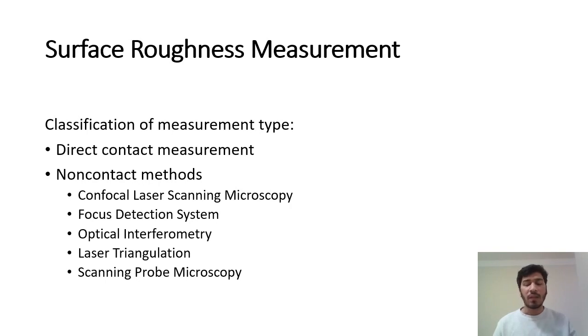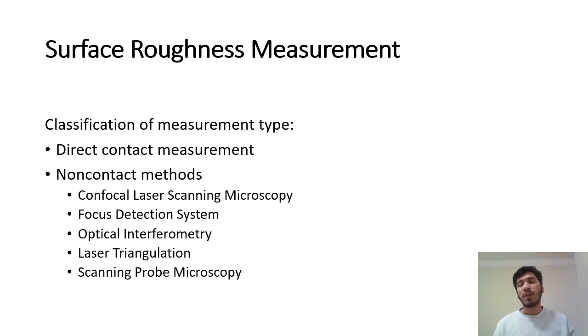The other type of instruments are non-contact based instruments. Some of them use laser technologies, microscopes, and optical interferometry. These methods are non-contact based, so one of the advantages is you're not touching the surface.